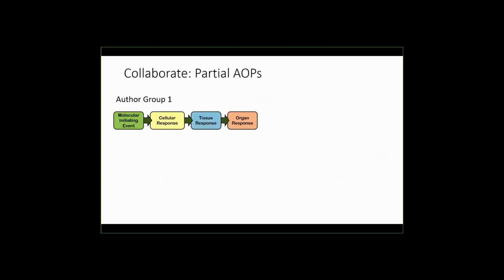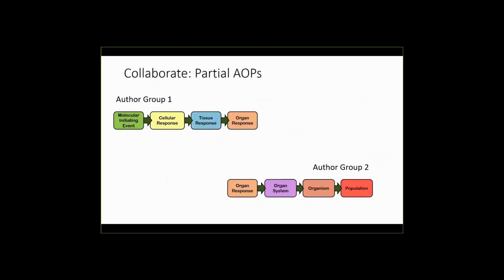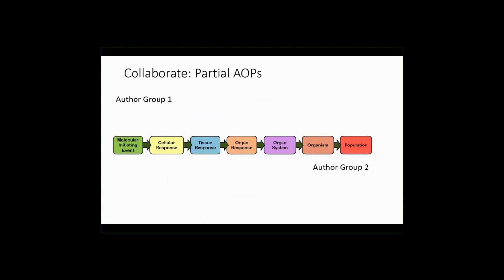For example, if your area of expertise is in the molecular area, you can create the first half, and then hopefully you can coordinate with another group of authors, or you could just hope that another group of authors will pick up the ball and complete the end part. But eventually, because of the modular nature of the AOPs, once these two components are built, they actually combine together to form a full AOP.